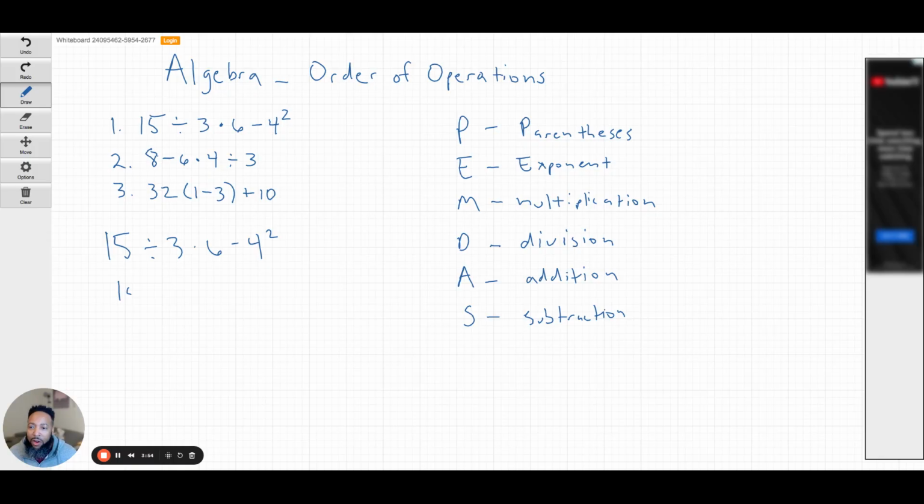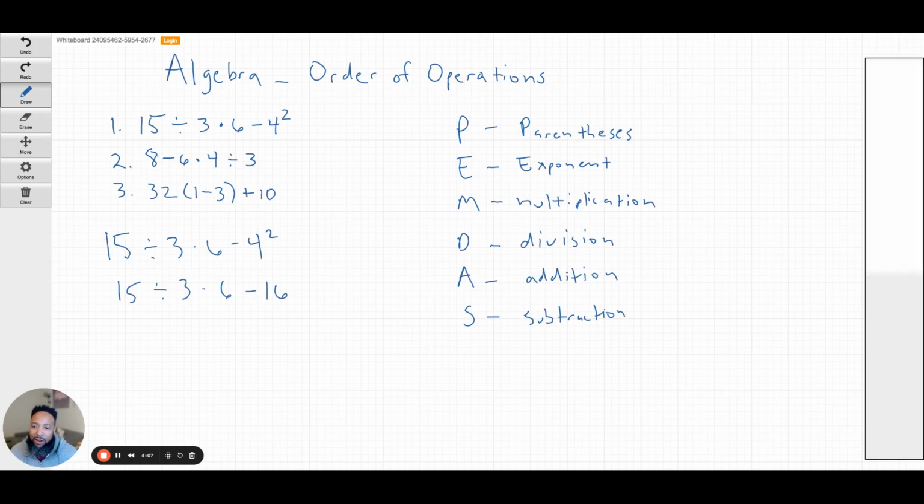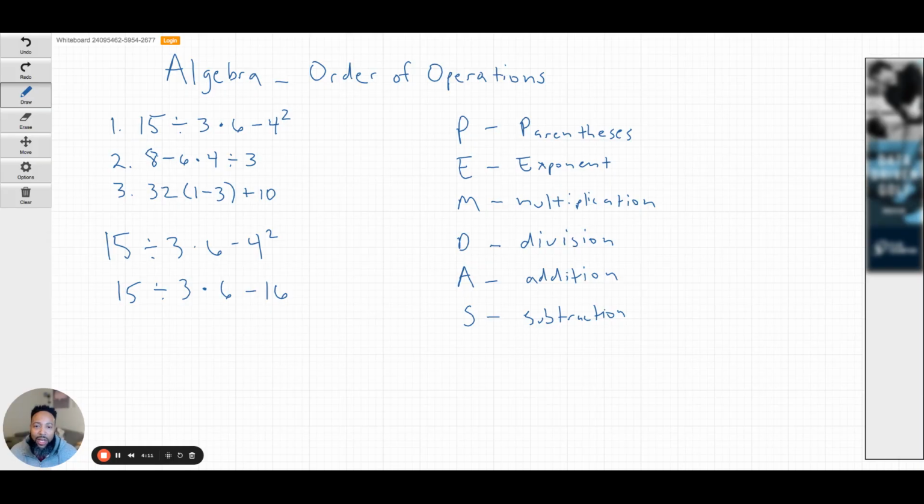So our new problem is 15 divided by 3 times 6 minus 16. So now we have division. This dot here represents multiplication, and then we have subtraction. So the next one in line is multiplication. So we're going to take 15 divided by 3, which is 5. So now we have 5 times 6 minus 16.